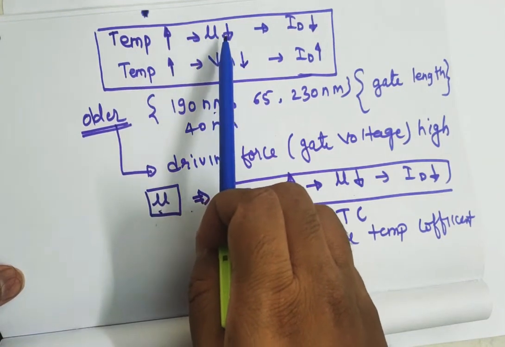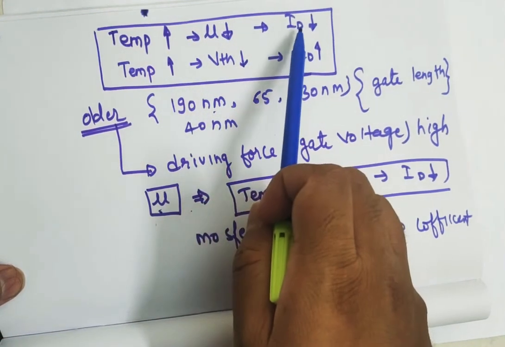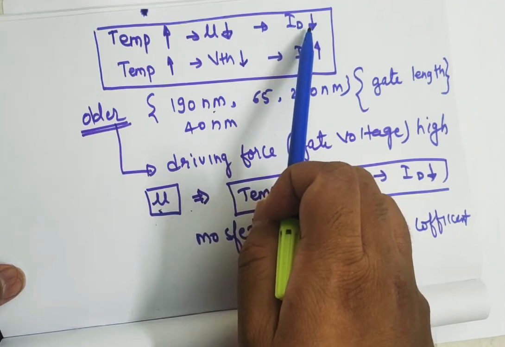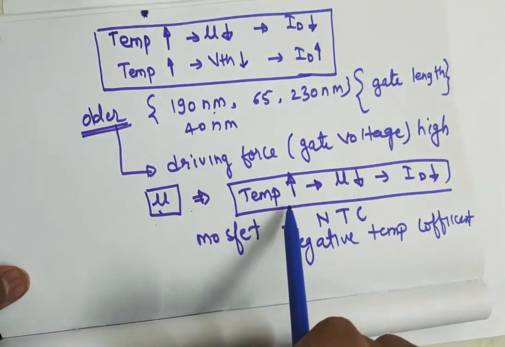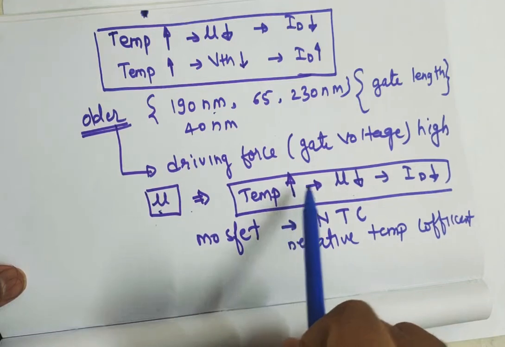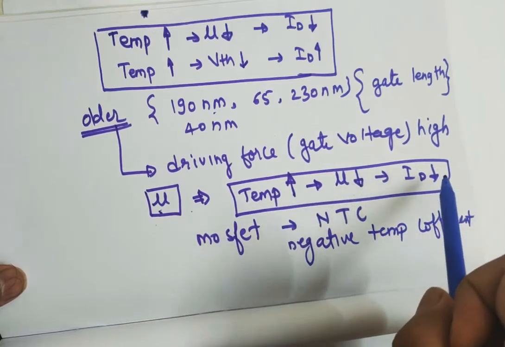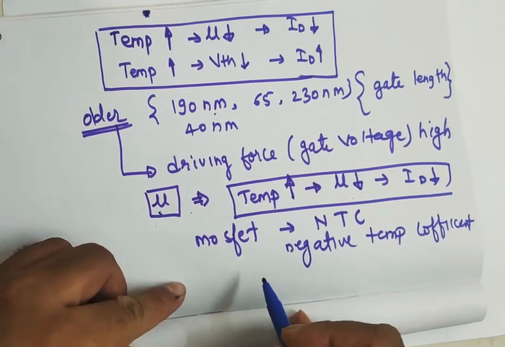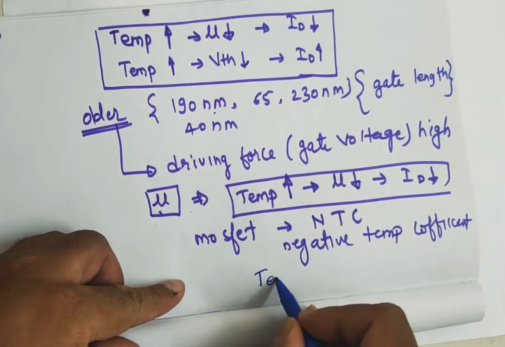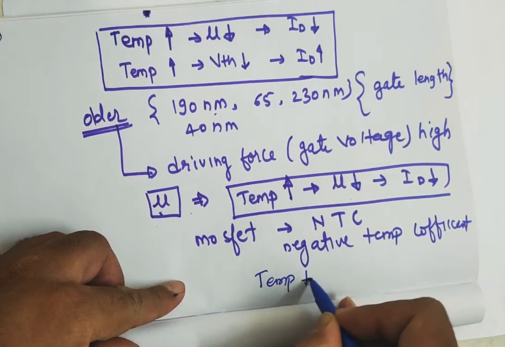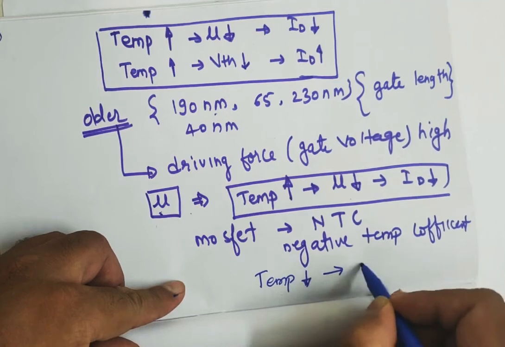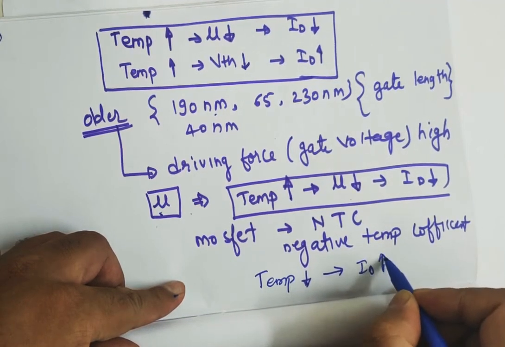The effect of mobility will dominate, and our current is going to decrease. In the same way, if temperature is decreasing, then your current is going to increase.